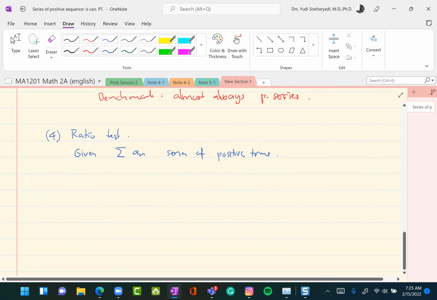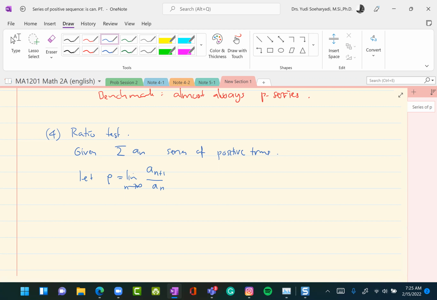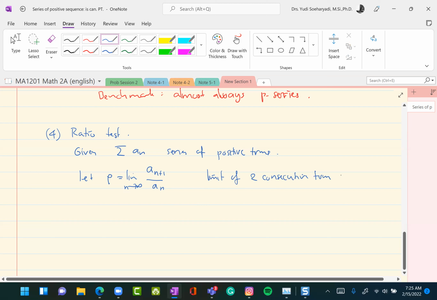Then you try to compute this one here: rho equals the limit of the ratio of two consecutive terms.